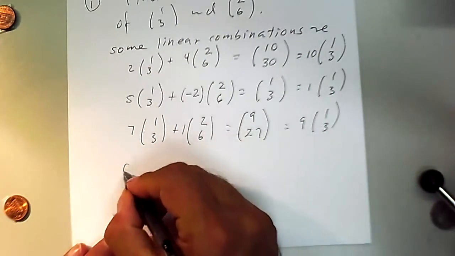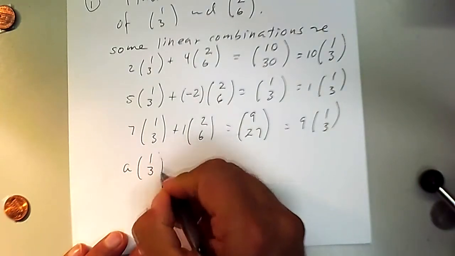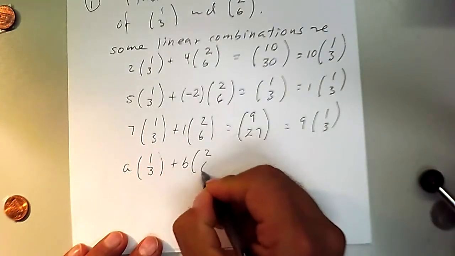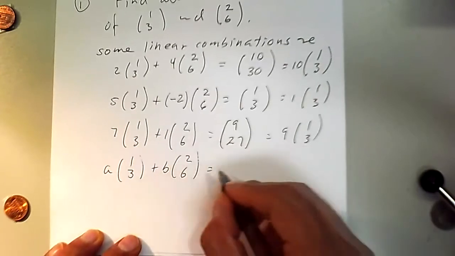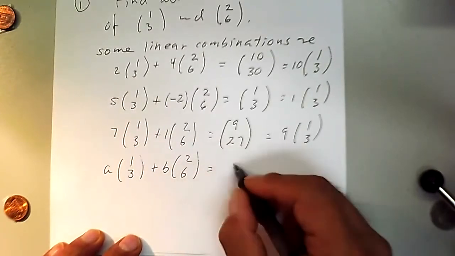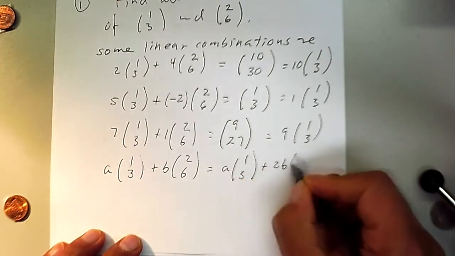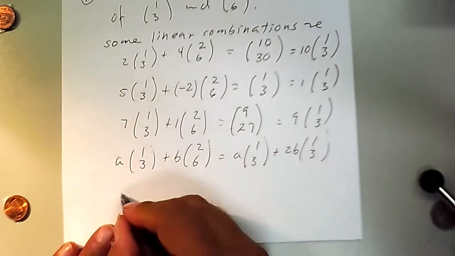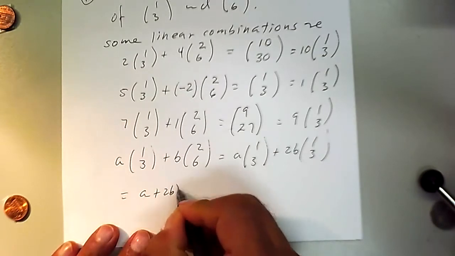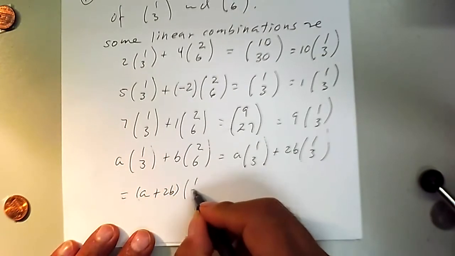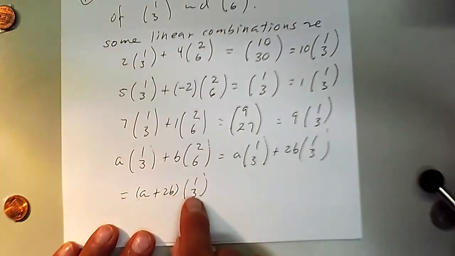If you have A times 1, 3 plus B times 2, 6, well, 2, 6 is really 2 times 1, 3. This is A times 1, 3 plus 2B times 1, 3. So this is really A plus 2B times 1, 3. So that means that all it takes is 1, 3.